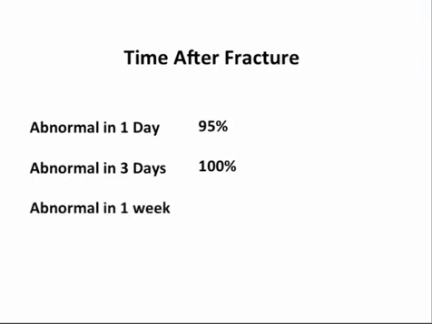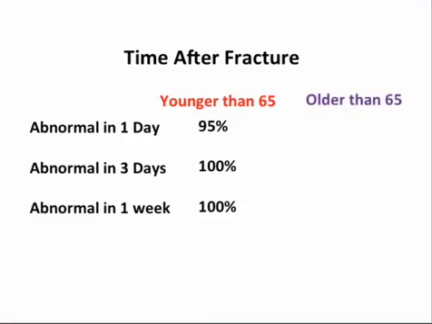So in a patient younger than 65, if you've got a normal bone scan a week after injury, pretty much excluded a fracture. Now, if you've got a guy that's older, let's say older than 65, it's less reliable, especially early on, and 80% of the time, so 20% of the time you could have a normal bone scan one day after.